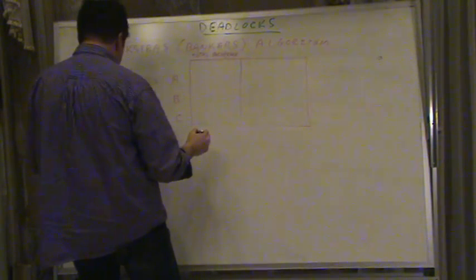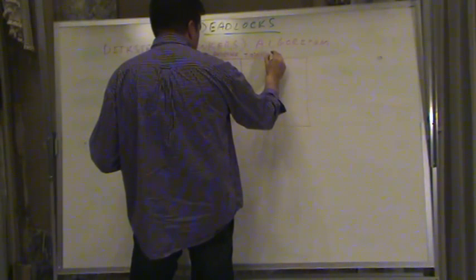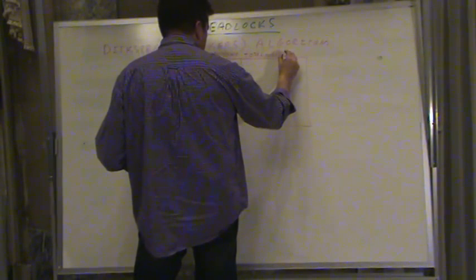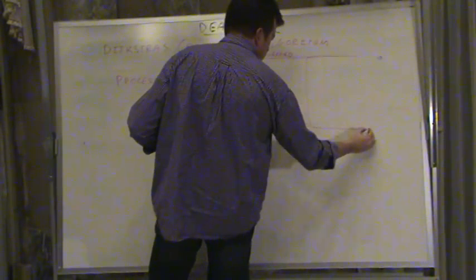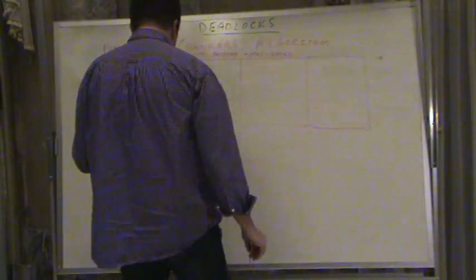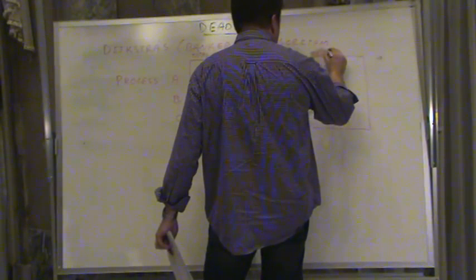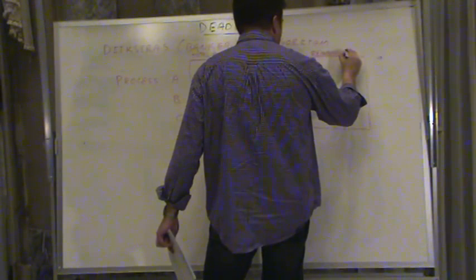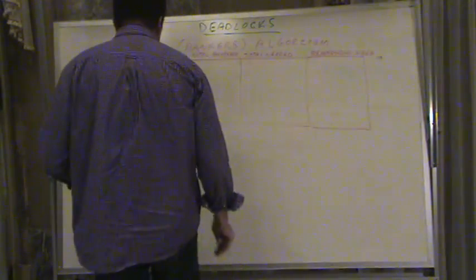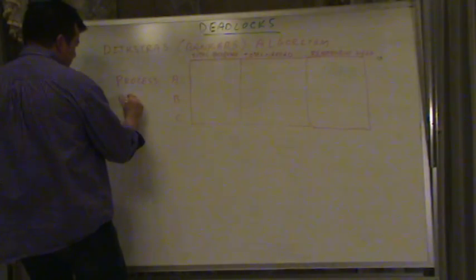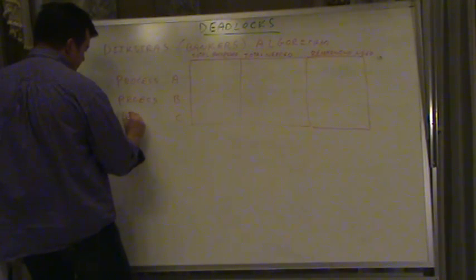Total access, total needed. And then remaining need. Okay, so this is process A and process B and process C.